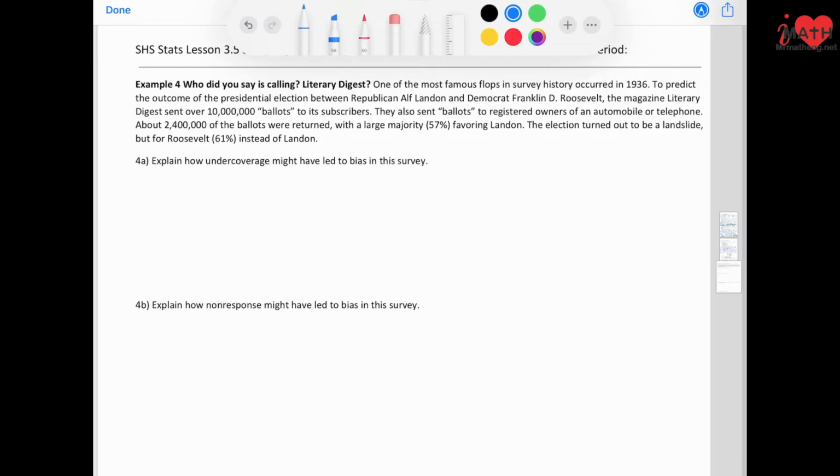Well, let's think about it. Who did they send the survey to? And then the question is, who did they not send the survey to?